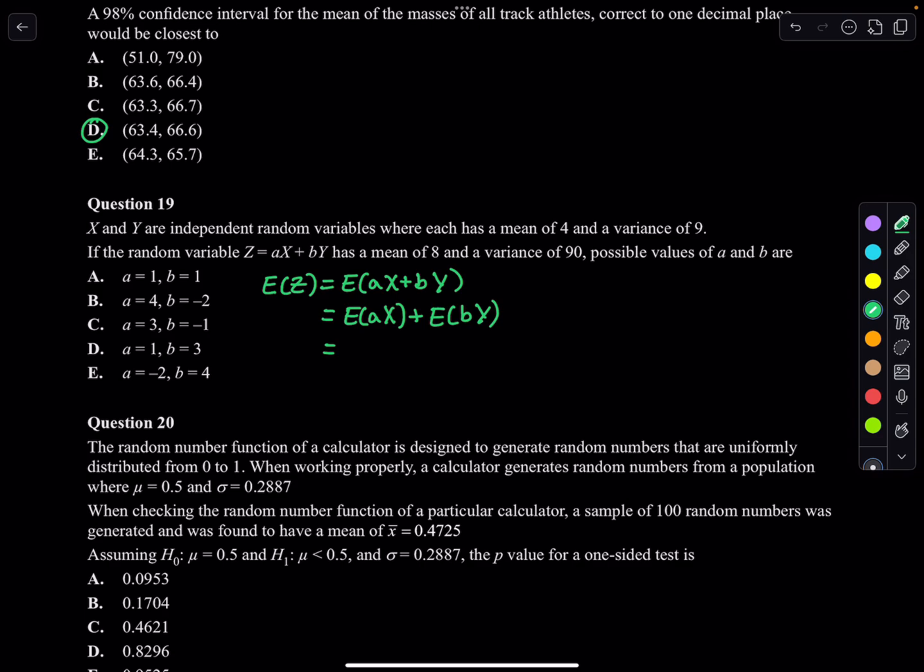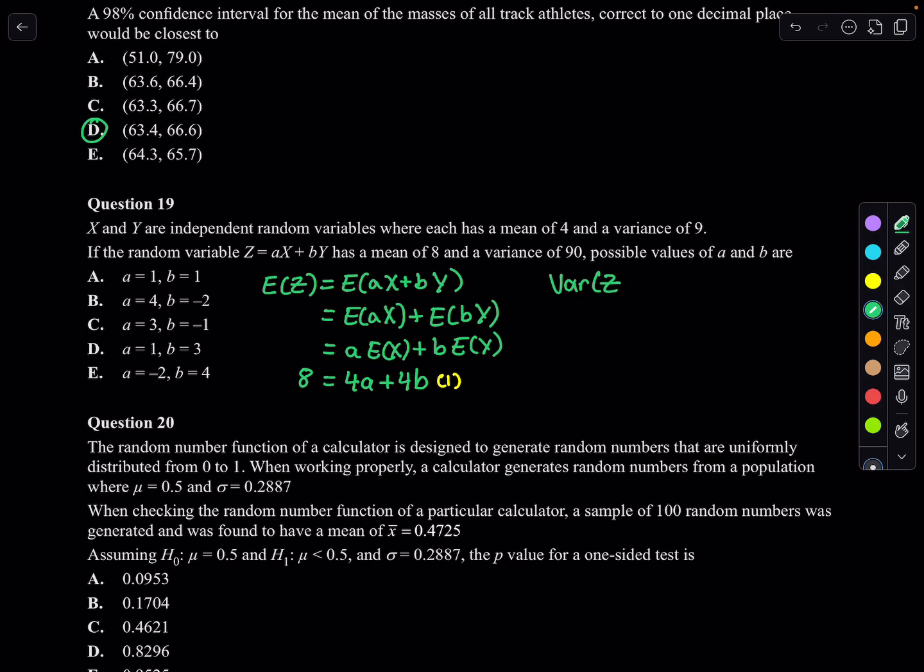You can take those constants out, so A times expected value of X plus B times expected value of Y. They both have the same expected value because they told us each has a mean of 4. So this will be 4A plus 4B, and that's equal to the expected value, which is 8. So this is our first equation. Let's do the other equation. We know the variance. Well, same thing.